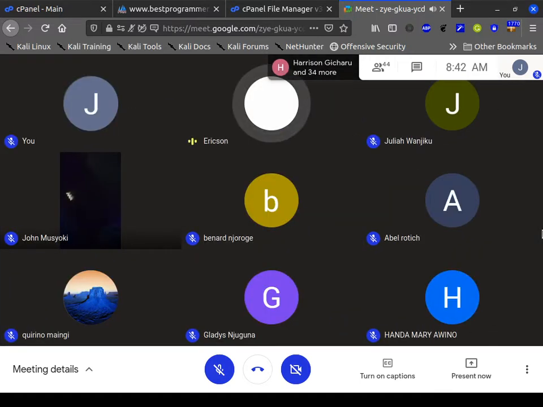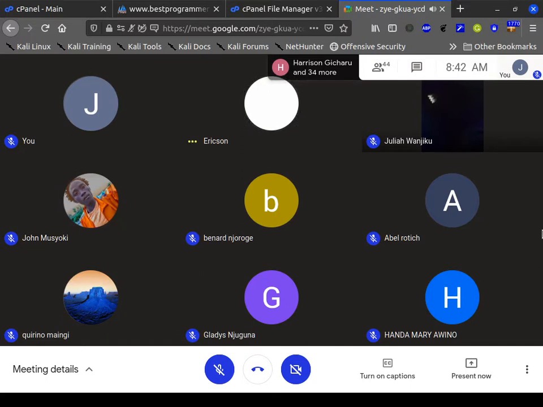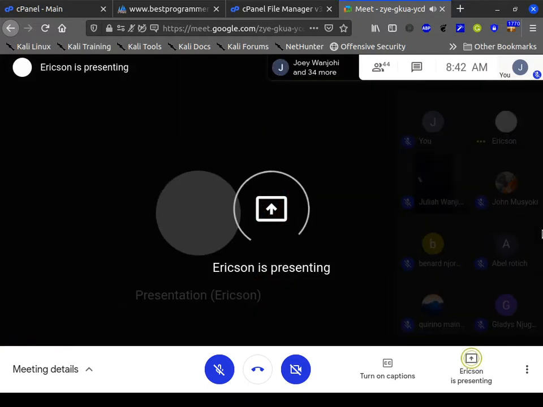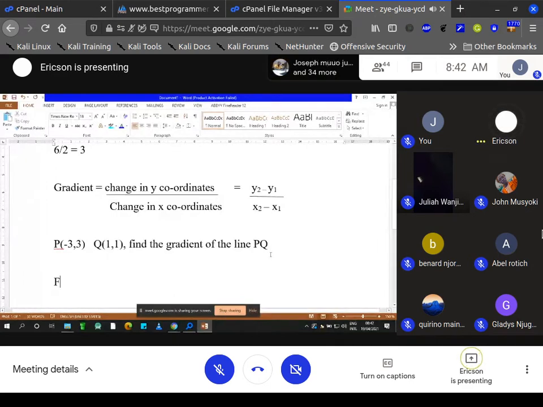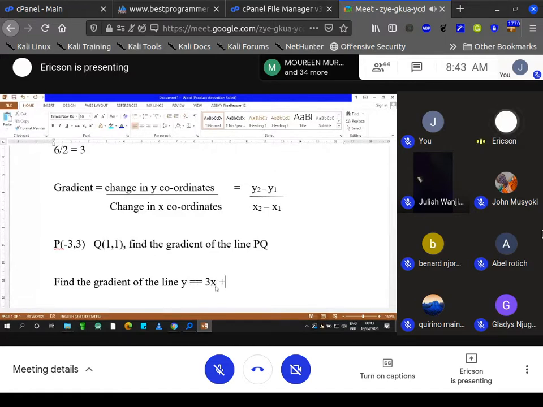So the next example, the question asks: find the gradient of the line y equals 3x plus 2.